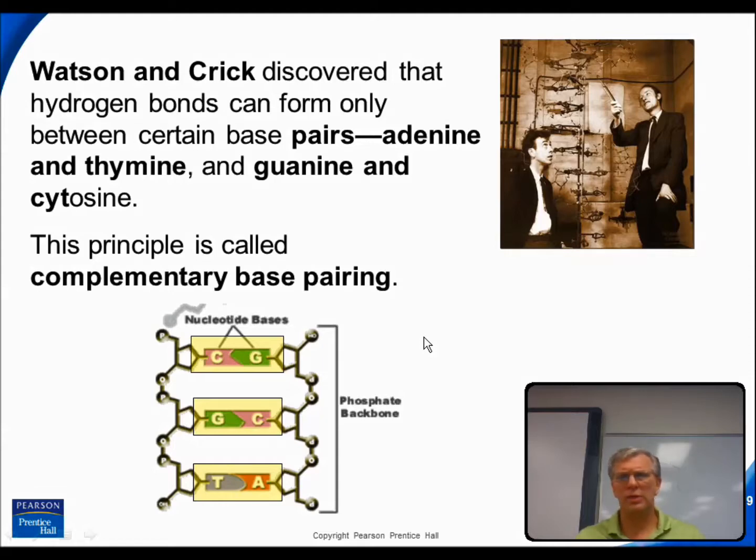This basically confirmed what Chargaff found, in that there will always be the same amount of A and T in DNA, and there will always be the same amount of C and G because they have to pair up.